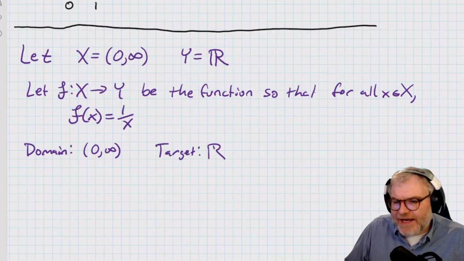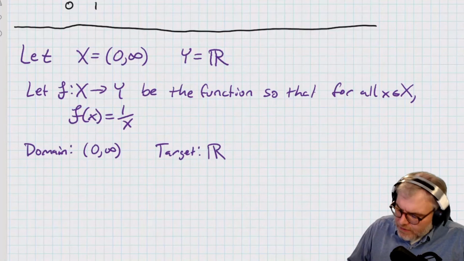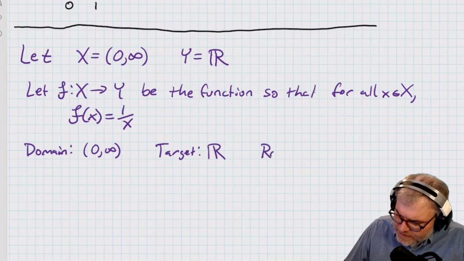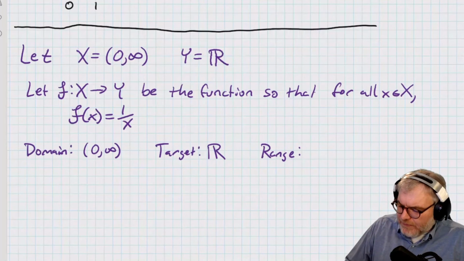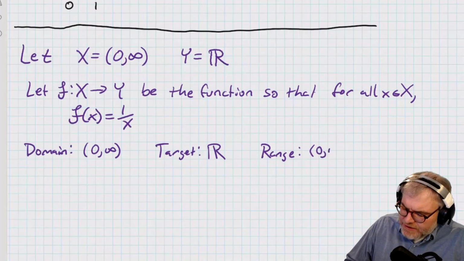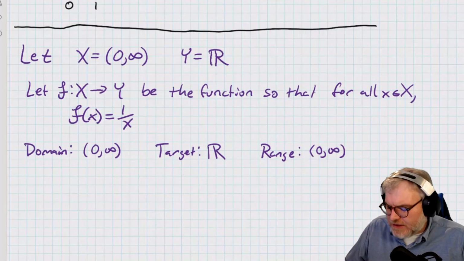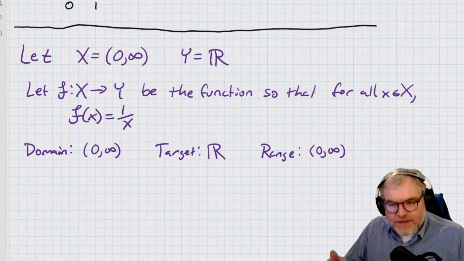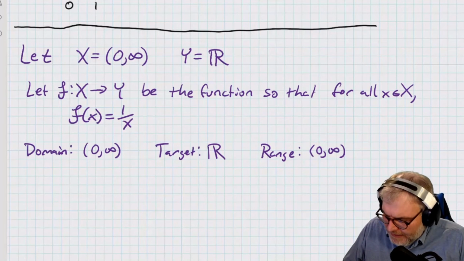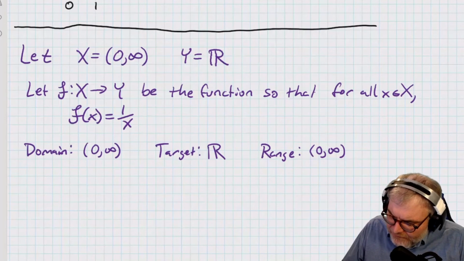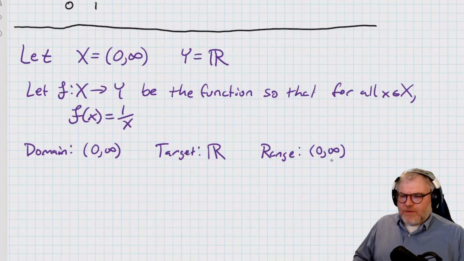R. Why? Because I said so. What's the range here? The range is a little different. I'm only going to hit the positive numbers. So the range here is 0 infinity. Now it's happenstance that the range and the domain are the same thing. They shouldn't be. Normally they won't be. But if I only take positive numbers, I'm only going to hit positive numbers.